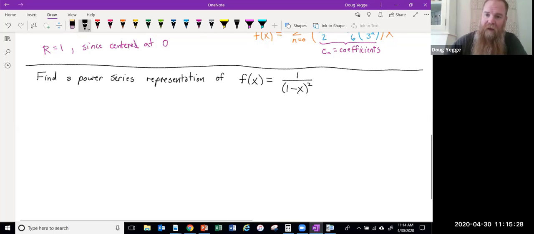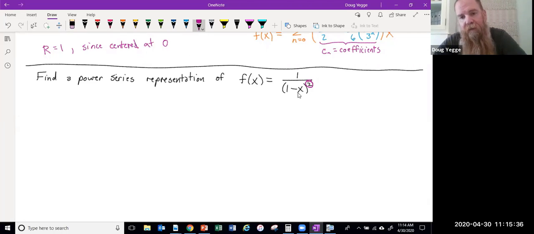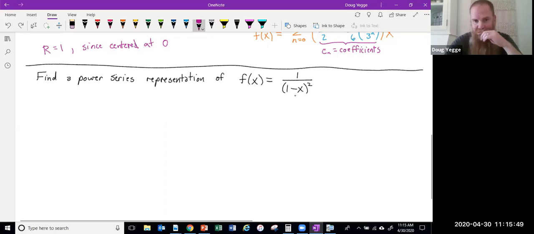And the issue that I'm having here is that there's this exponent up here that I have to deal with somehow. And it doesn't quite look like 1 over 1 minus x because of the fact that that denominator is being squared. So right now, the way that it looks, I can't really find a good power series representation of this.